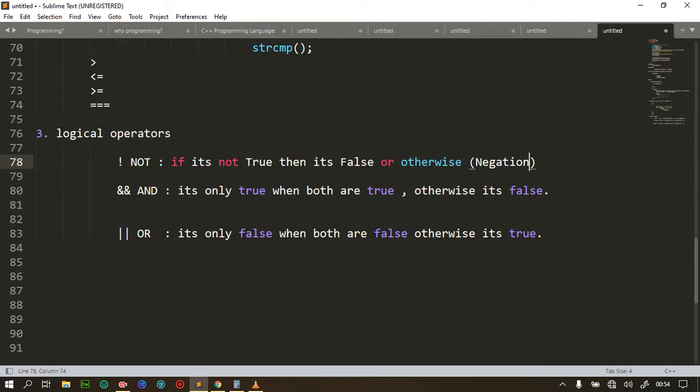So it's only false when both are false, otherwise it's true. If I say 1 plus 1, then that is 1. Or if I say 1 plus a 0, that is 1. If I say 0 plus a 1, that is a 1. So it is all true until both are false. That is when it evaluates to a false.